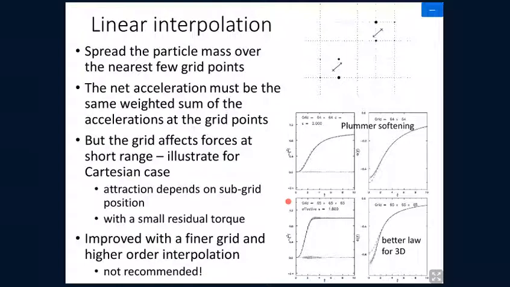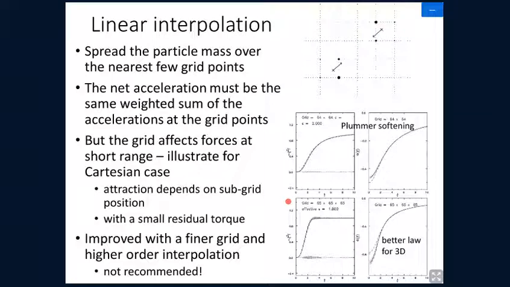So you do that, and you end up with accelerations between a pair of particles which will always be equal and opposite, but not necessarily perfectly collinear, and that is something which results in some mild torque between any two pairs of particles, which you want to minimize if you possibly can.